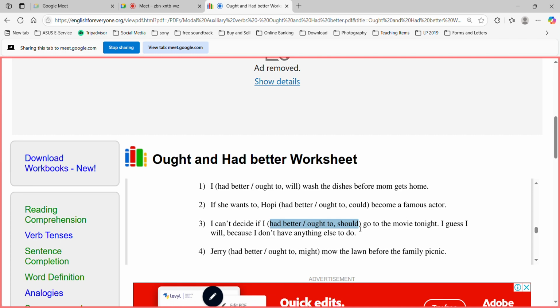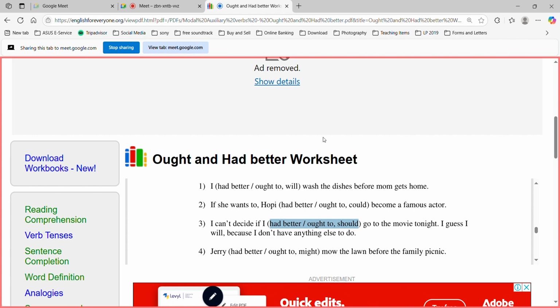I guess I will, because I don't have anything else to do. She can't decide in a very short period because she has another work to finish and so on. We don't know exactly, right? So this is the answer, should.